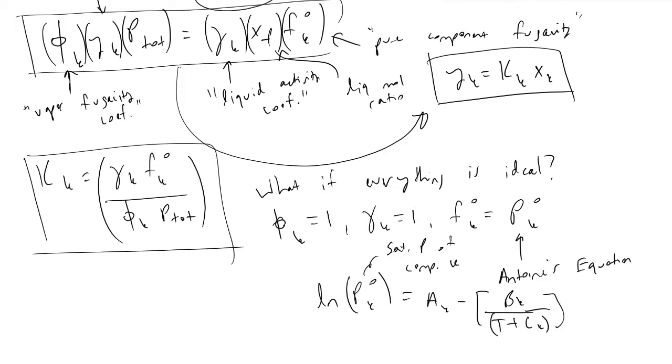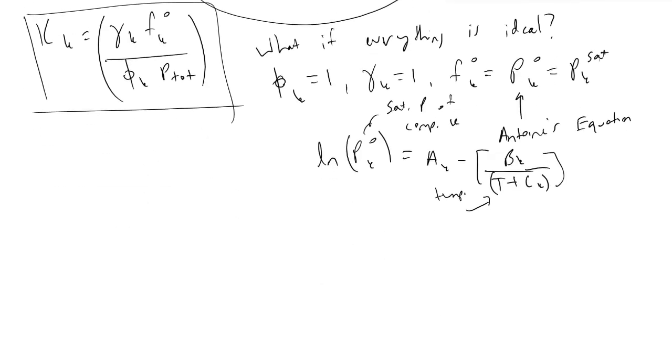And again, A, B, and C are all constants that we know, and T here is just the temperature. They'll tell you whether temperature is in degrees C or Kelvin depending on your constants in the table. And I'd like to make a note that p_k naught is equivalent to p_k saturation.